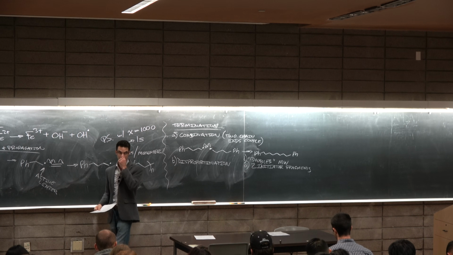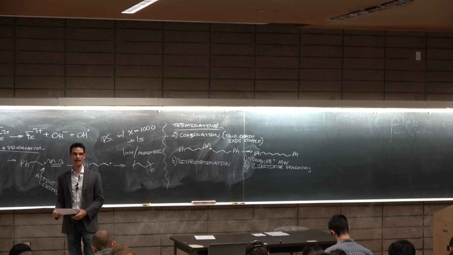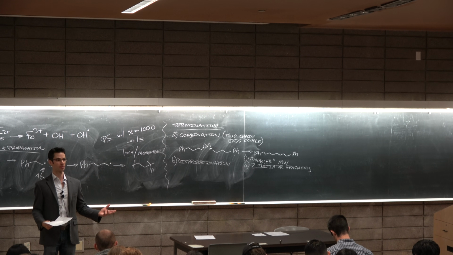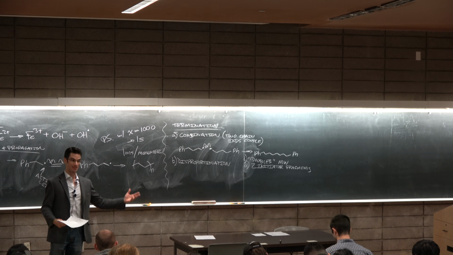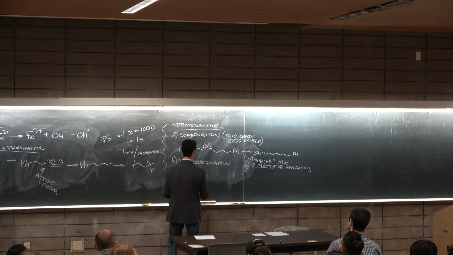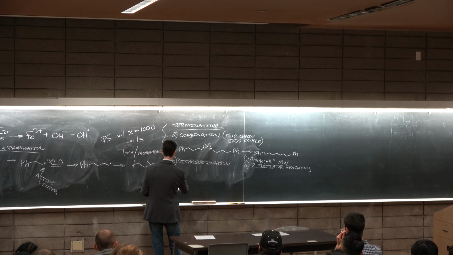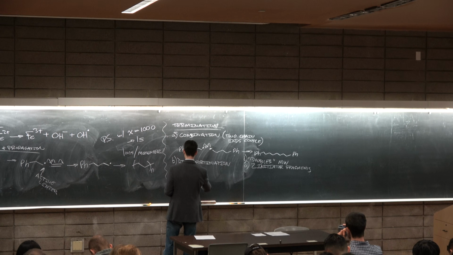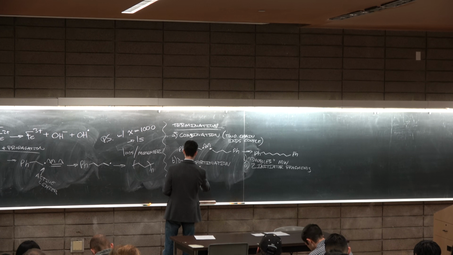Disproportionation is a term from chemistry land that means one of your products is the reduced form and the other product is the oxidized form. And the way in which this occurs in the termination of radical reactions is as follows.